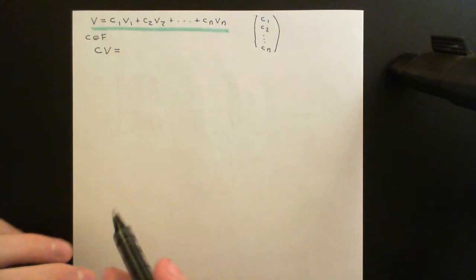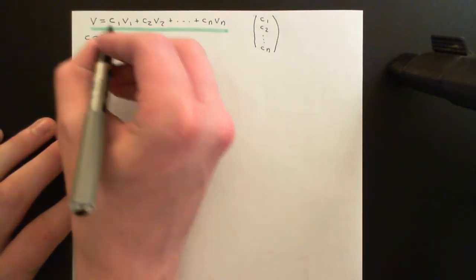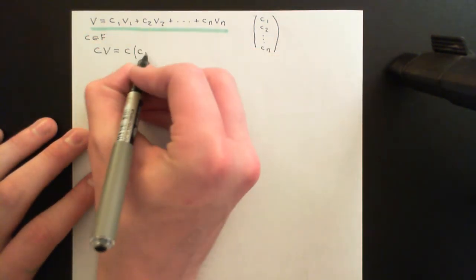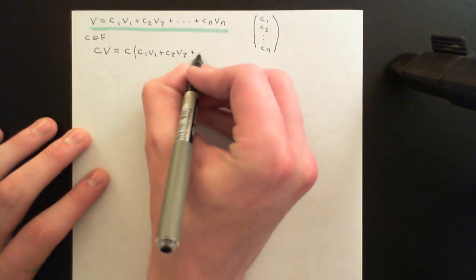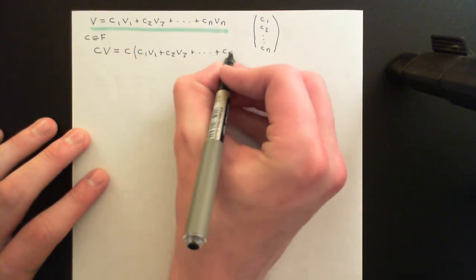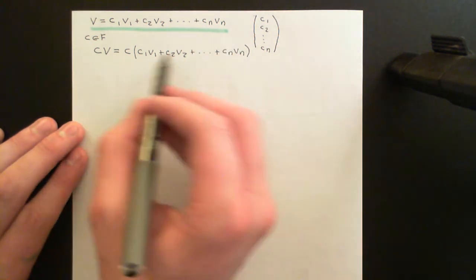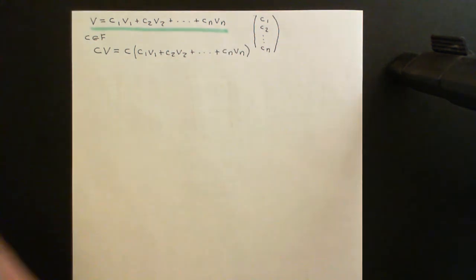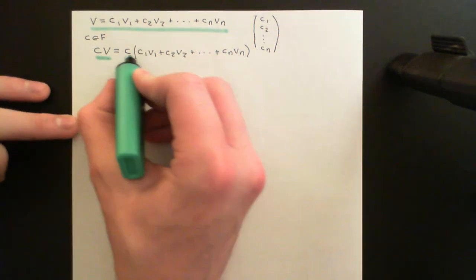And the result is going to be very obvious. So let's do this. We'll have c times this thing here, so c1 v1 plus c2 v2 plus all the way along until you've got cn vn. Again, that's perfectly true. If you work out this thing here in the vector space capital V, you will indeed get the same thing as if you do this.